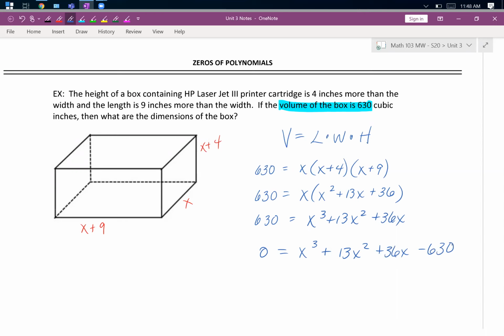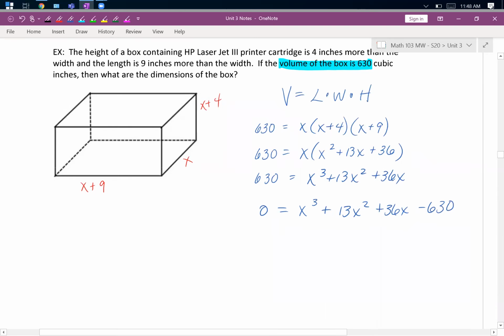Questions on anything we've done so far? All right, well, now it's time to try to solve this. Again, we don't need to use Descartes' rule of signs if you don't want to. That's up to you. We want to list out some possible rational zeros.